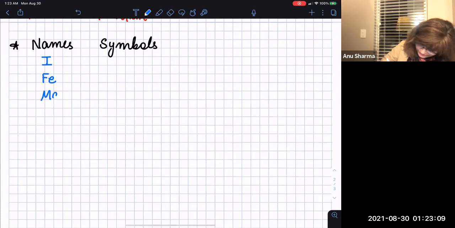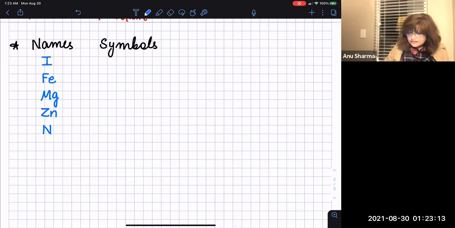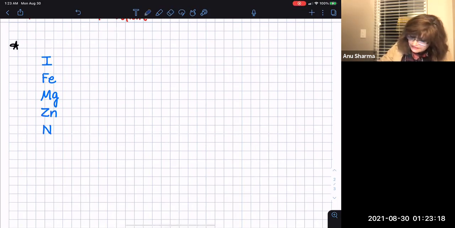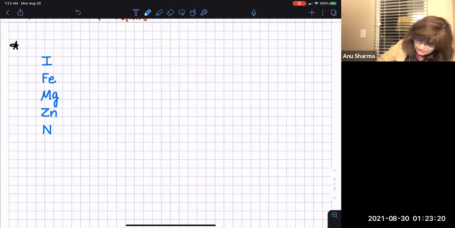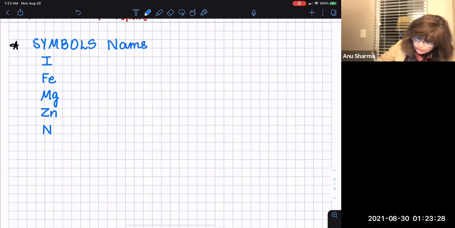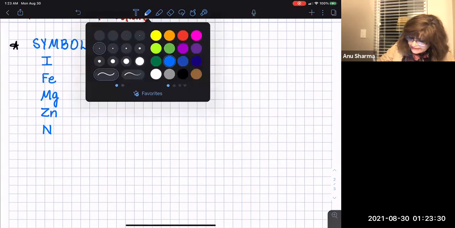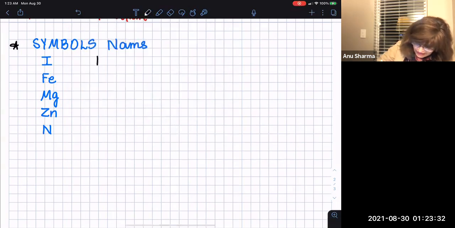Actually, I swapped it. These are the symbols here, and these are the names. They gave you the names and they ask you to write the symbols. So this is iodine.